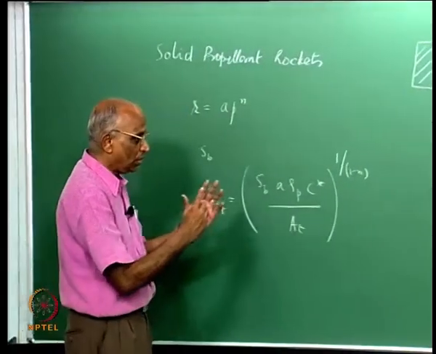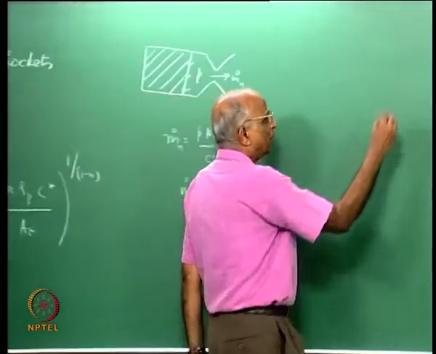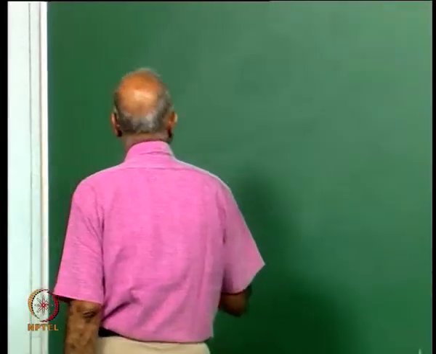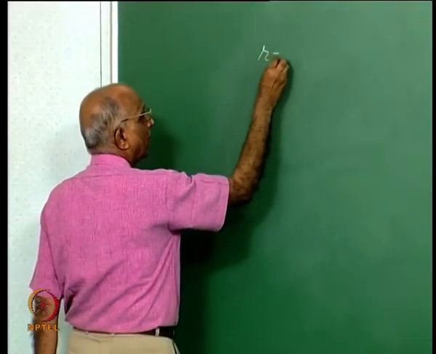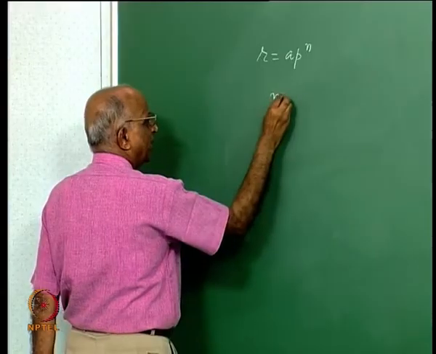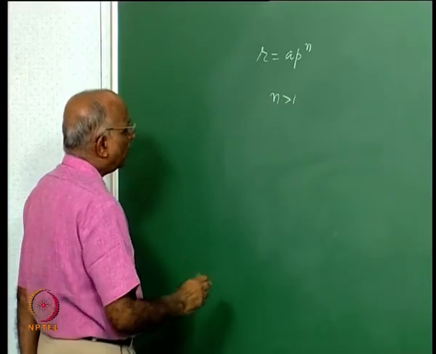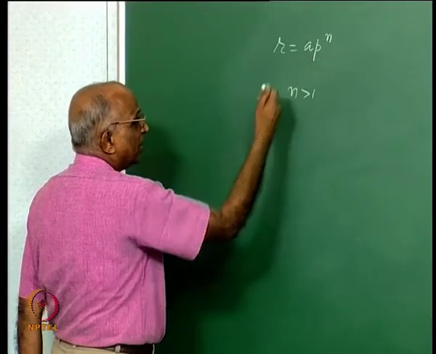But we also learned to look at it graphically, and what did we tell at that point in time? When we have n in the burn rate equation, r = aP^n, if n is greater than 1, how does the burn rate law change as pressure changes? Let us make a plot.